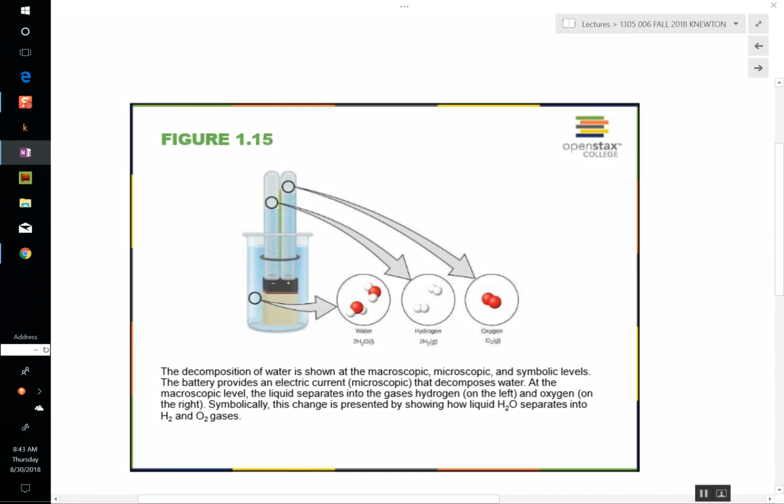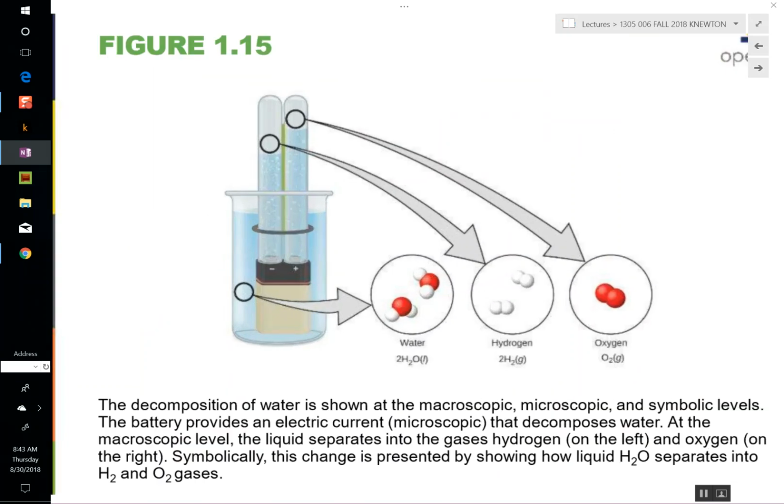Okay, we talked about compounds and elements. Can a compound be broken down into anything simpler? Here's an example of water where they're using electrolysis, or electric current, to break the water down.